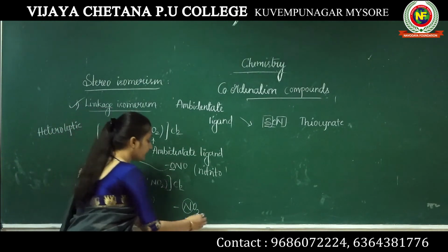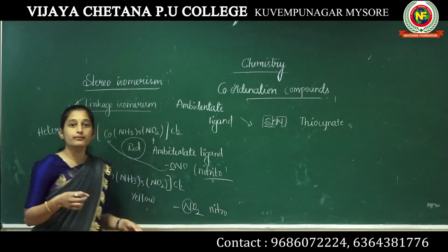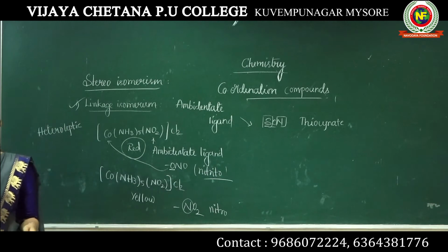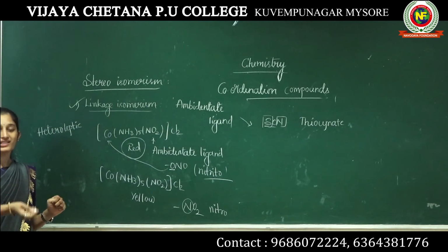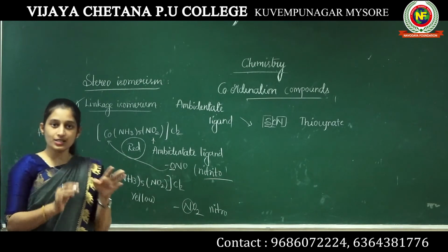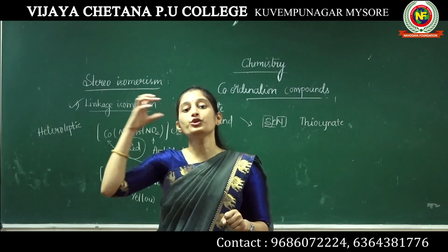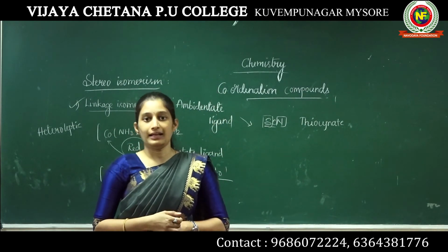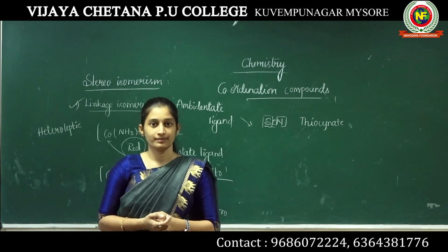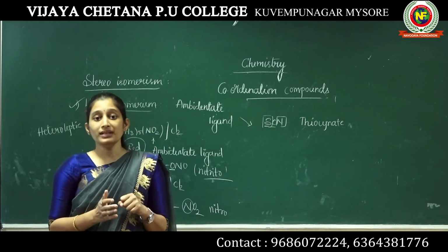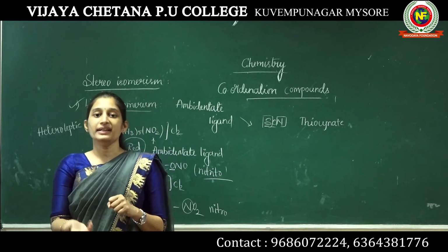Then the ligand name becomes nitro. If it is red color, then the ligand name becomes nitrito. Very simple and too interesting. Linkage isomerism means which atom is going to link with the central metal atom. Based on that, we observe the isomer. Especially this isomerism we can observe only with the presence of an ambidentate ligand.